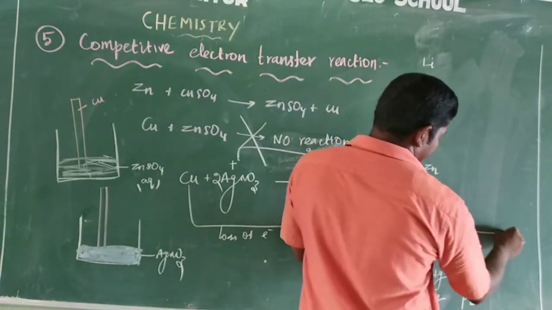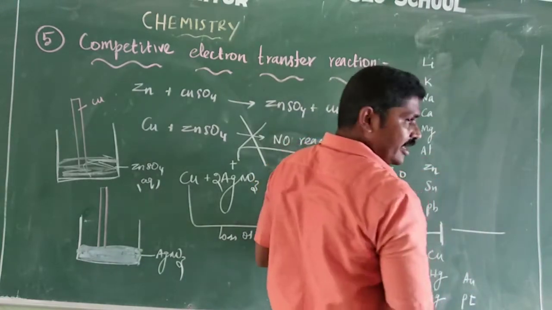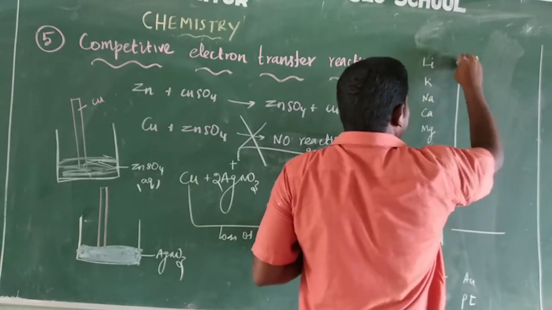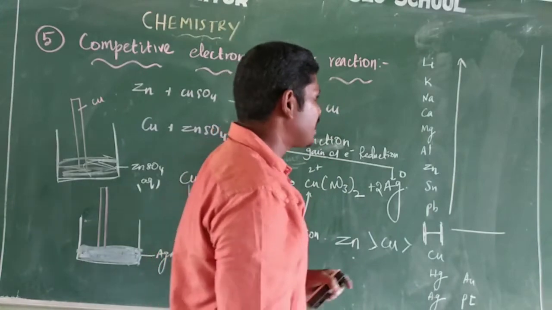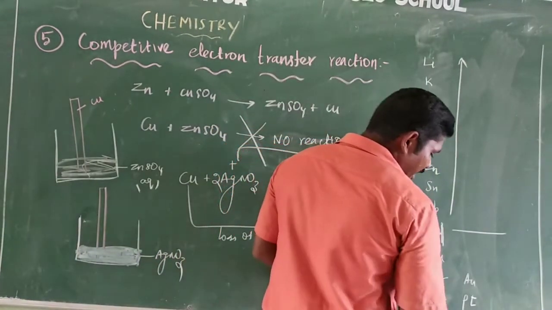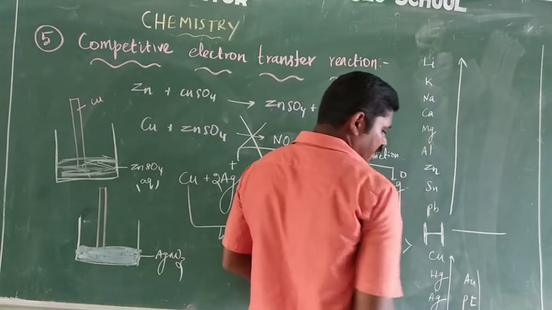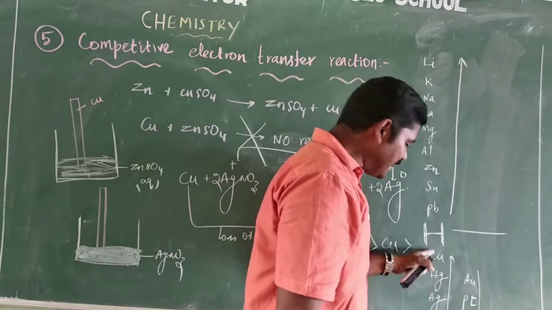Based on hydrogen, above hydrogen the tendency of releasing electrons increases. Below hydrogen in the series, the tendency of electron releasing decreases.